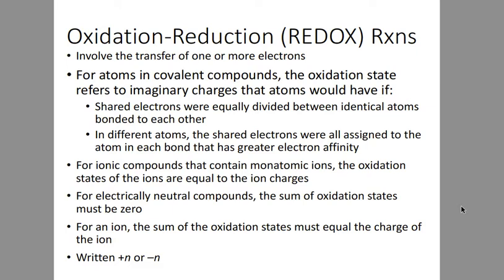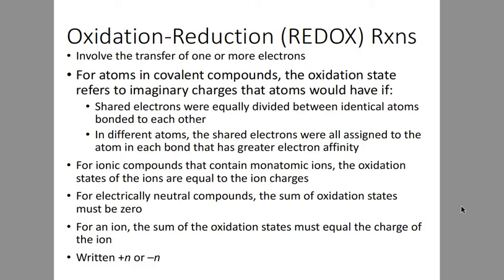I encourage you to go check those out as well as read your text. So oxidation-reduction reactions, or redox reactions as I'm going to call them, are common in a lot of different types of reactions. We see it in some precipitation reactions. We see it in some single displacement reactions.